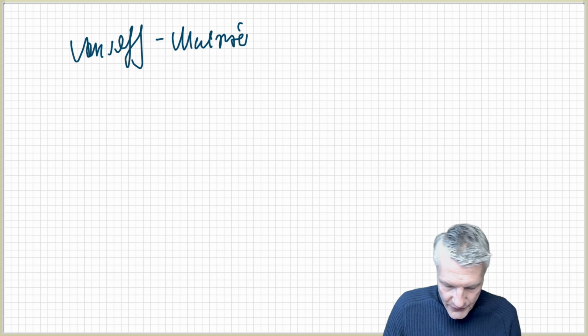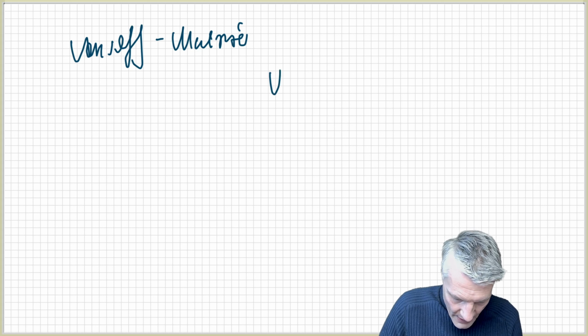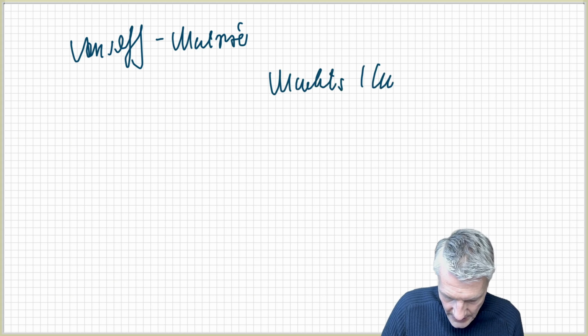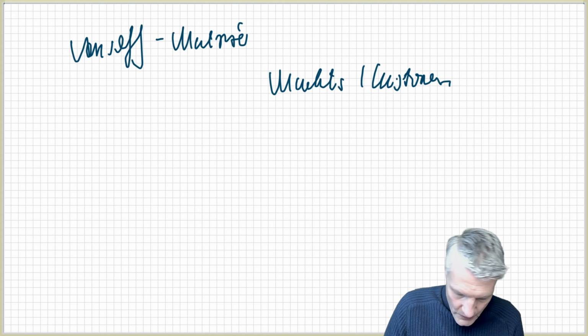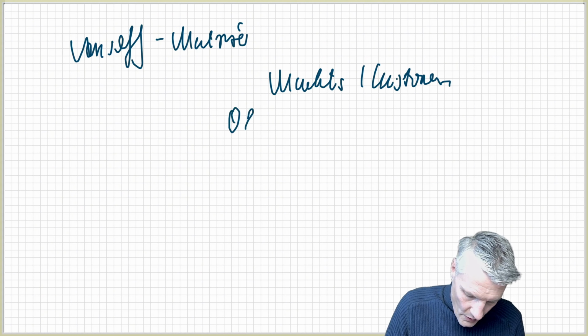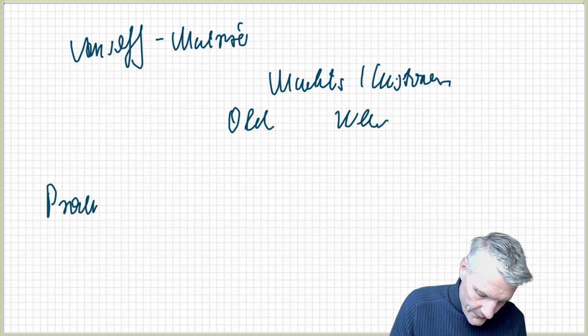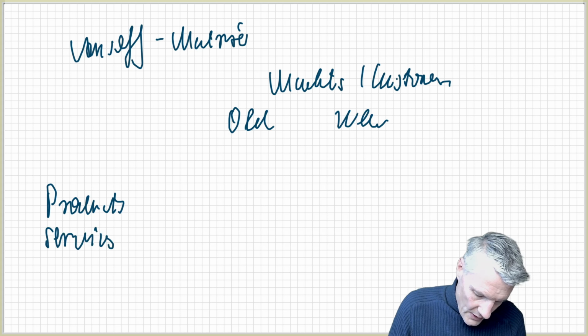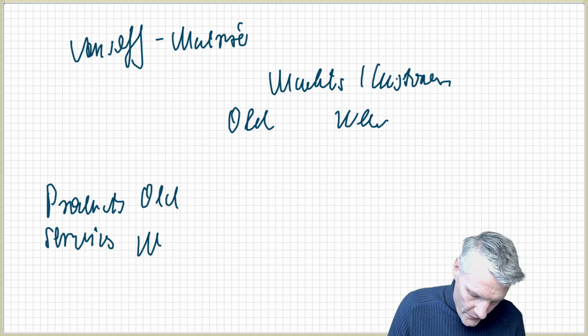And the Ansoff matrix is looking at markets/customers, old, new, and it's looking at products and services, old, new.